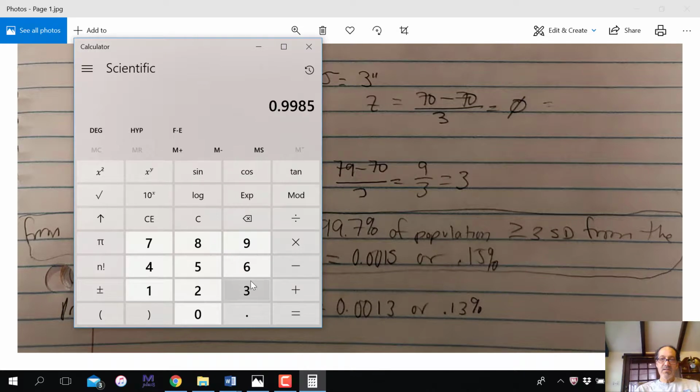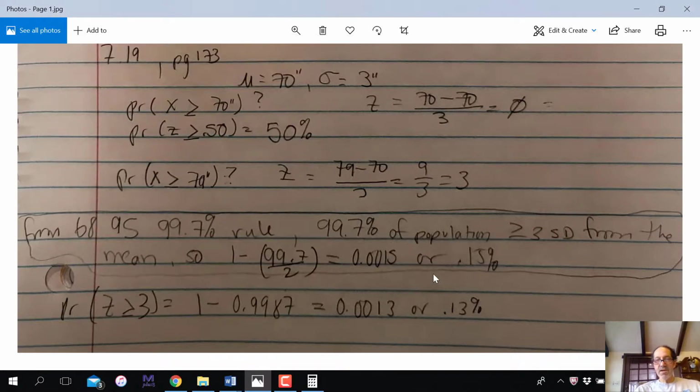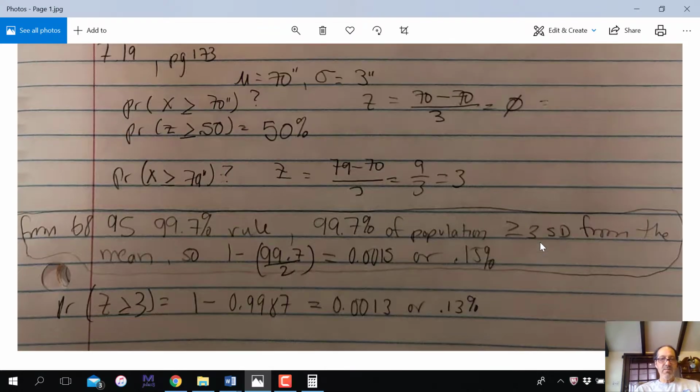So 1 minus 0.9985 equals 0.0015, and you multiply that by 100, moving the decimal point 2 spaces to the right, we get 0.15%. So it's a very, very small percentage of the population.